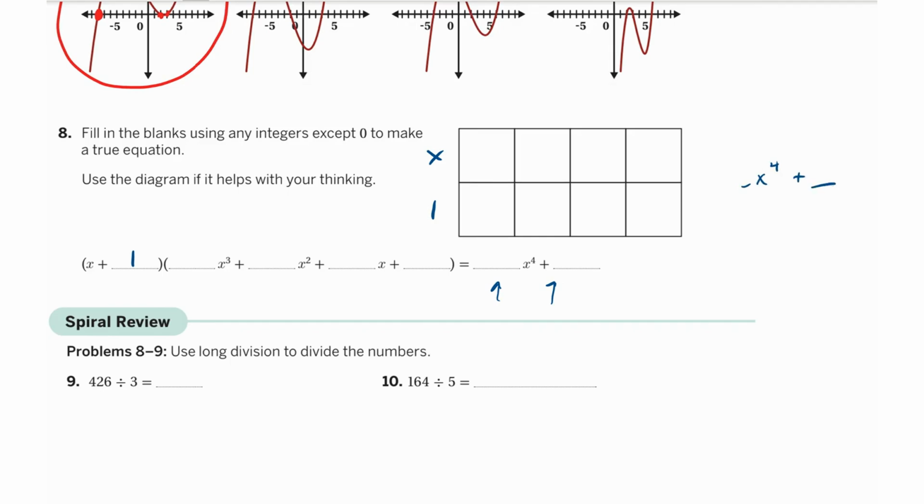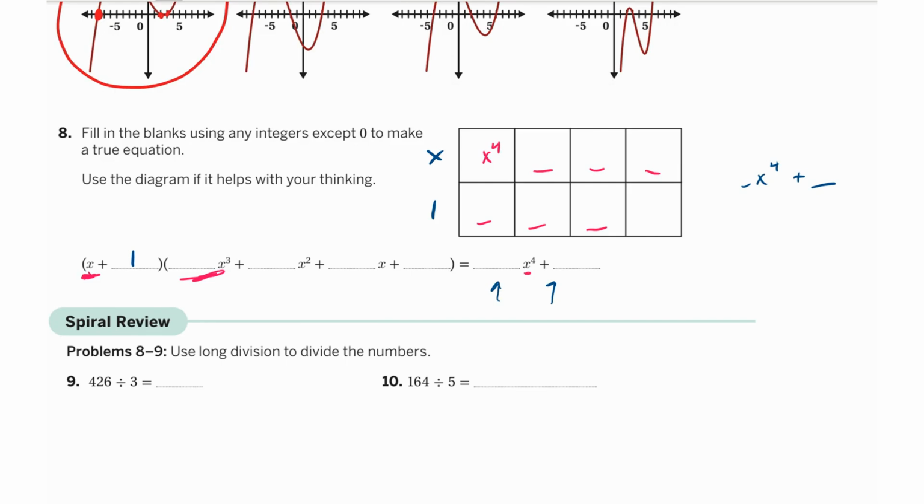And so what that means is that as I'm going through here, this first term, x here times x cubed here, is going to be x to the power of 4 here. So this one has to be x to the power of 4. And then all of the corners here are going to end up canceling out because I don't have any x cubes, x squareds, or x's in my final solution here.